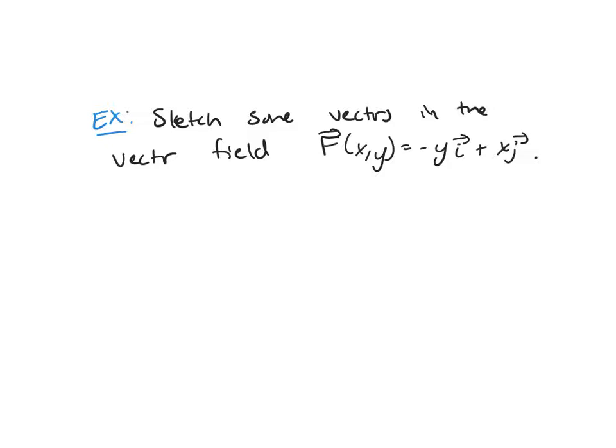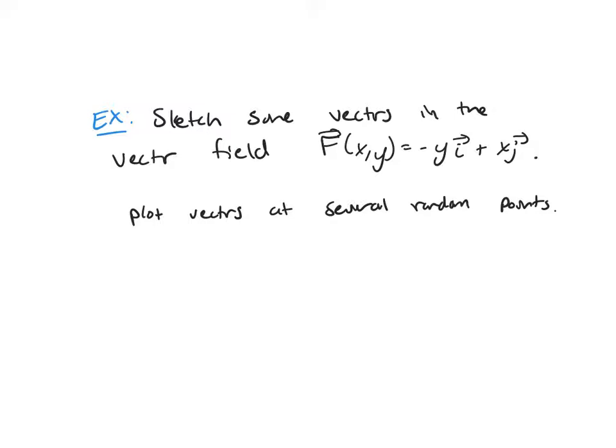So we want to plot some vectors at several random points. But we don't want to do this in any old, random way.